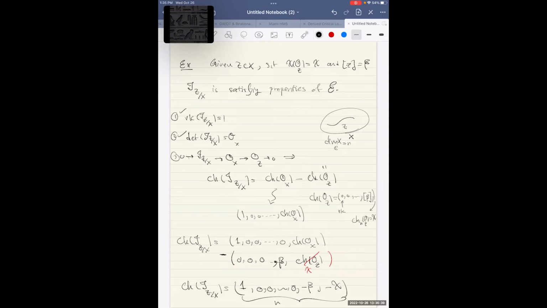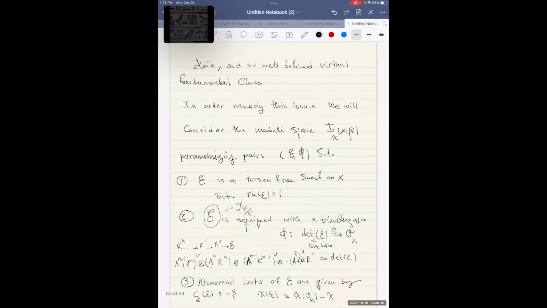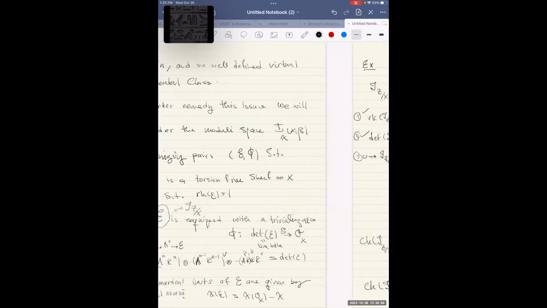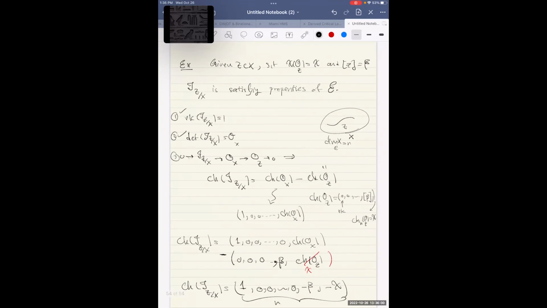Okay, so indeed it is true that the moduli space that parameterizes torsion-free sheaves of rank 1 in this ambient variety of dimension n does parameterize ideal sheaves of curves in this ambient variety. Those are a particular type of such sheaves. Yes, so that's good. So what is the point though?